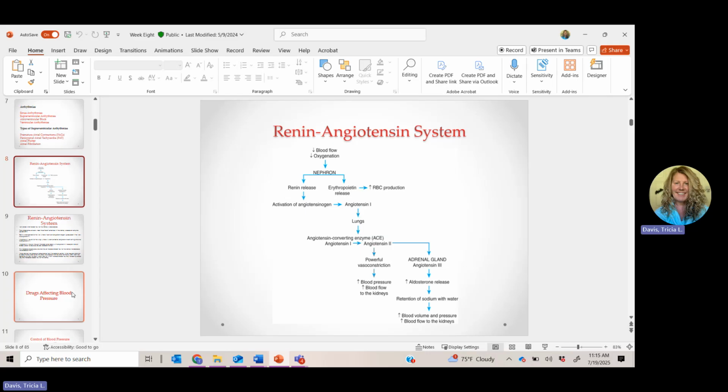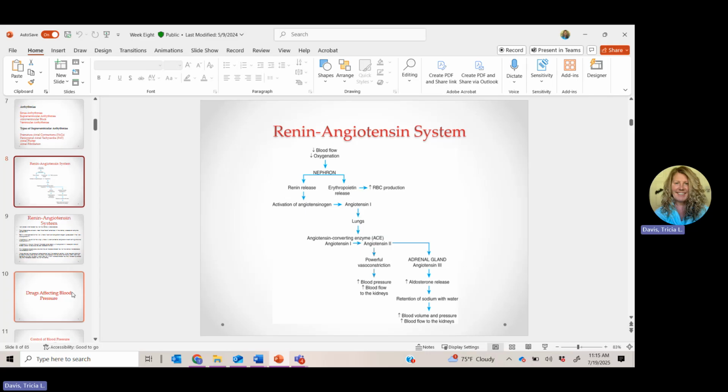When it activates angiotensinogen, it turns into angiotensin 1. Angiotensin 1 is then going to go directly to the lungs, and inside the lungs, angiotensin 1 is turned into angiotensin 2.